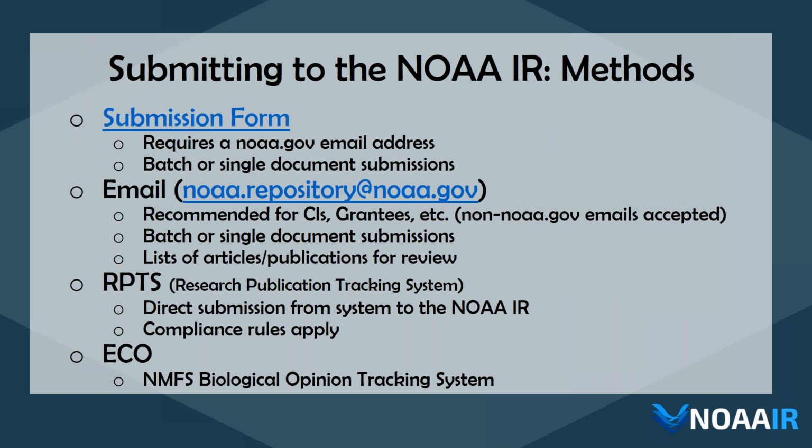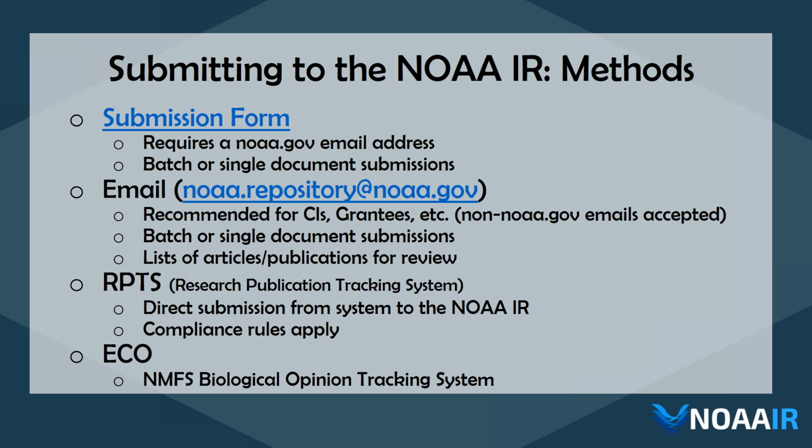So I want to cover briefly the submission methods, which many of you are already aware of. We do have the submission form, which I just mentioned. So that's what you're going to use for your tech memos, any of your NOAA produced NOAA series publications, or your open access journal articles. We can do a single document or a batch item.